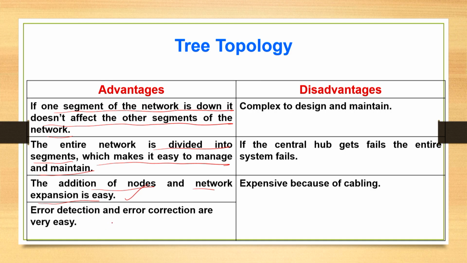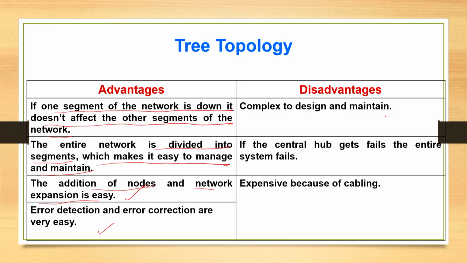Error detection and error correction are also very easy in the case of tree topology. But it has limitations: because it is a combination of star and bus topology, that makes it complex to design and maintain. If the central hub fails, obviously the entire system fails, and it is expensive because of cabling.